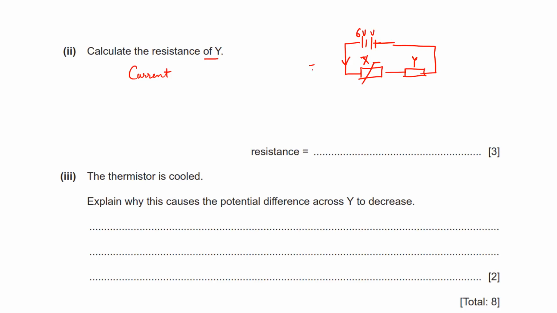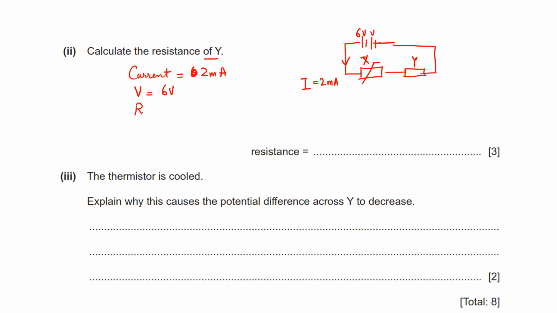The current, remember, it is in series, is given as 2 milliamperes, and that flows through both X and Y. The overall voltage applied across the circuit is 6 volts.